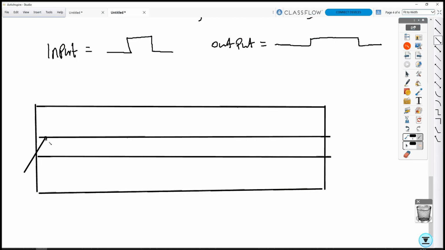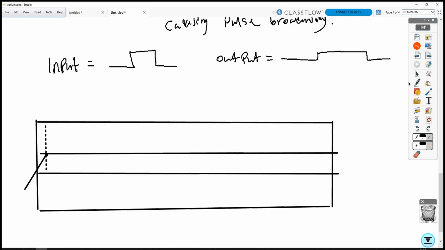So if light came in this way, at a very small angle and struck, we don't want it to bounce up and down, because that will mean that the signal will reach at a very later time.